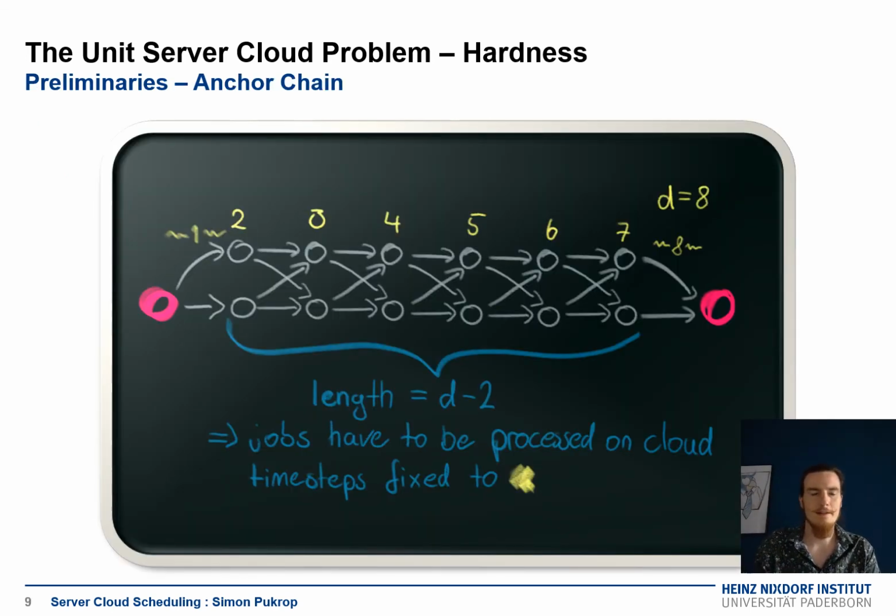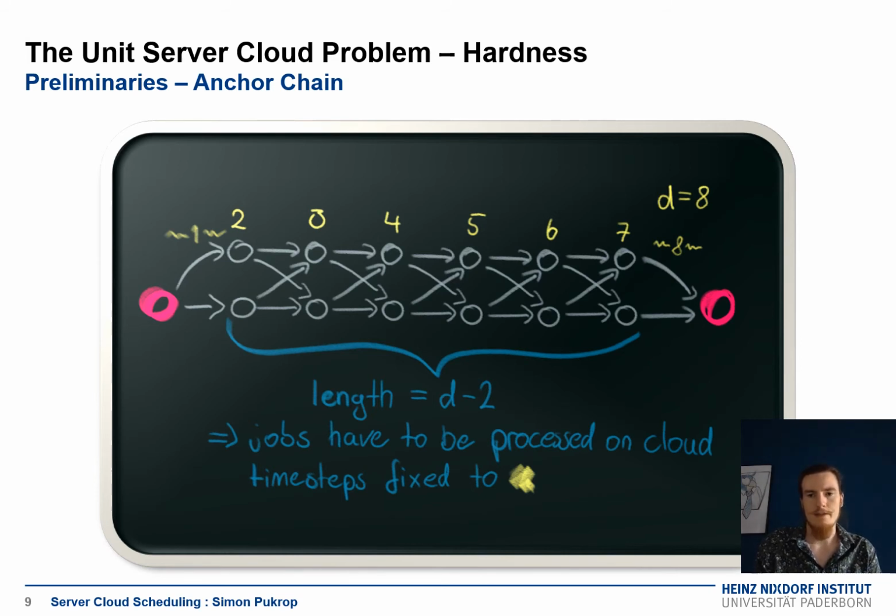We first tackled the second problem with a gadget that we call the anchor chain. The anchor chain are basically two braided chains which happen concurrently, and they have lengths roughly equal to the deadline of the whole scheduling problem.